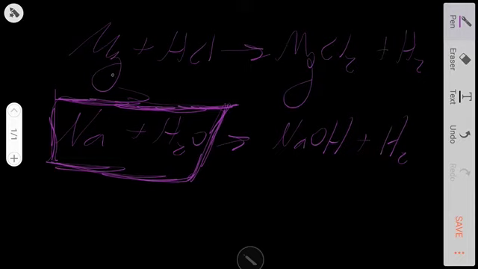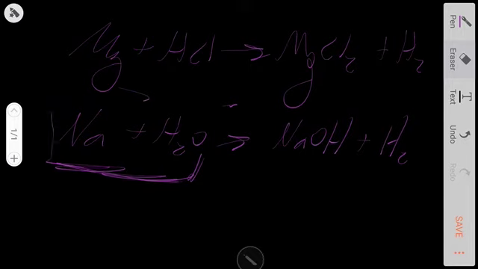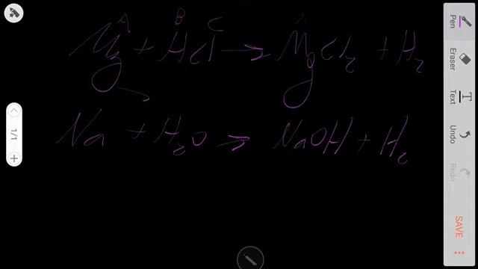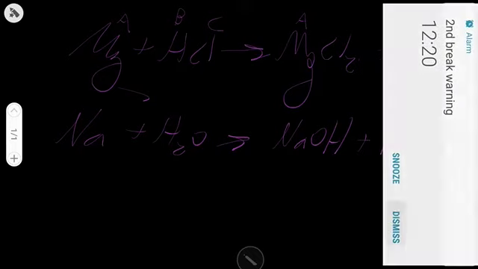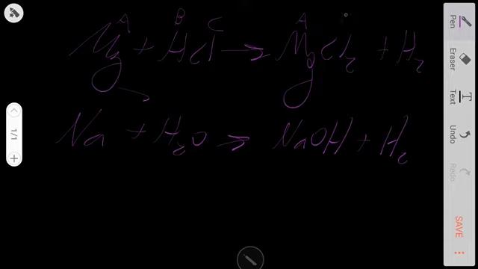Alright. But if you look at these anyway, they're both different. Right? No, they're not. They're both the same actually. Here I have A, B, C goes to A C plus B, so that's single replacement. And here's A, B, C. I apologize.